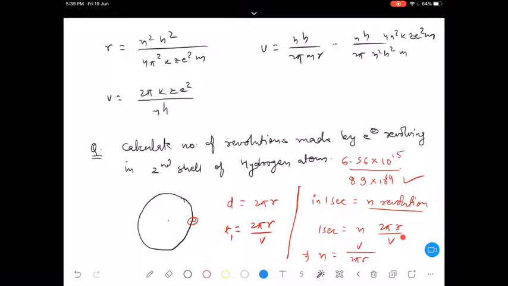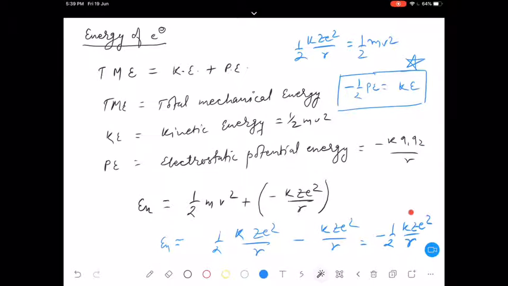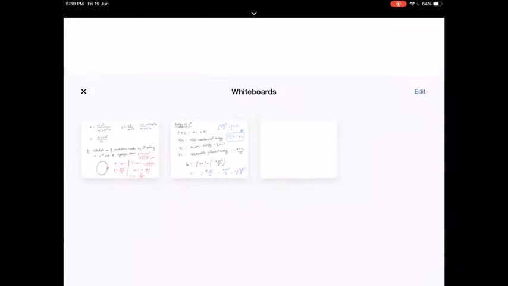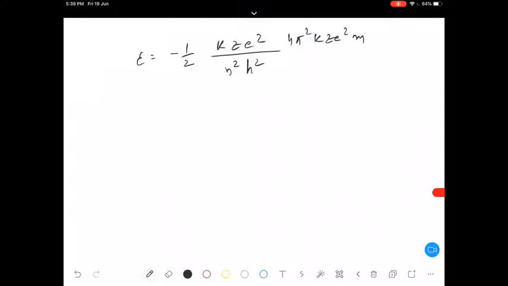Now if I put this expression of r in this expression of energy, we are going to write energy as minus 1 by 2 k z e square upon n square h square upon 4 pi square k z e square into m. Isn't that right? So let's simplify this expression.